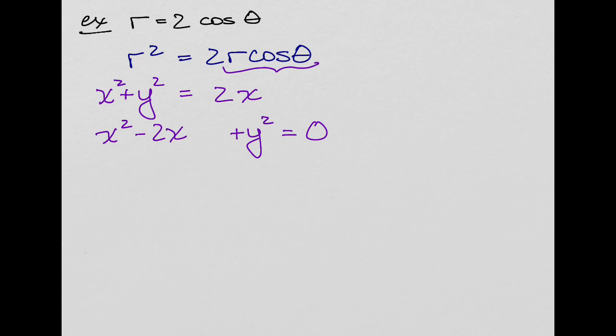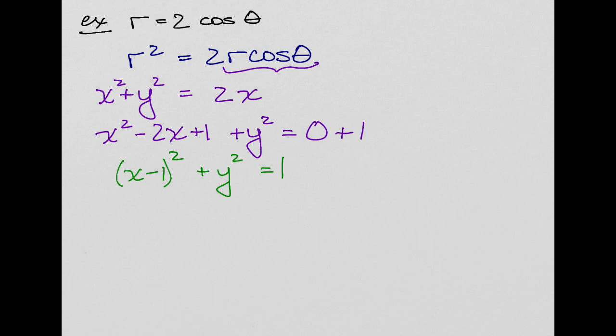I'm going to complete the square here on the left. If I add one on the left, I had better also add one on the right. So now I have, if I factor, this is x minus 1 squared plus y squared equals 1.